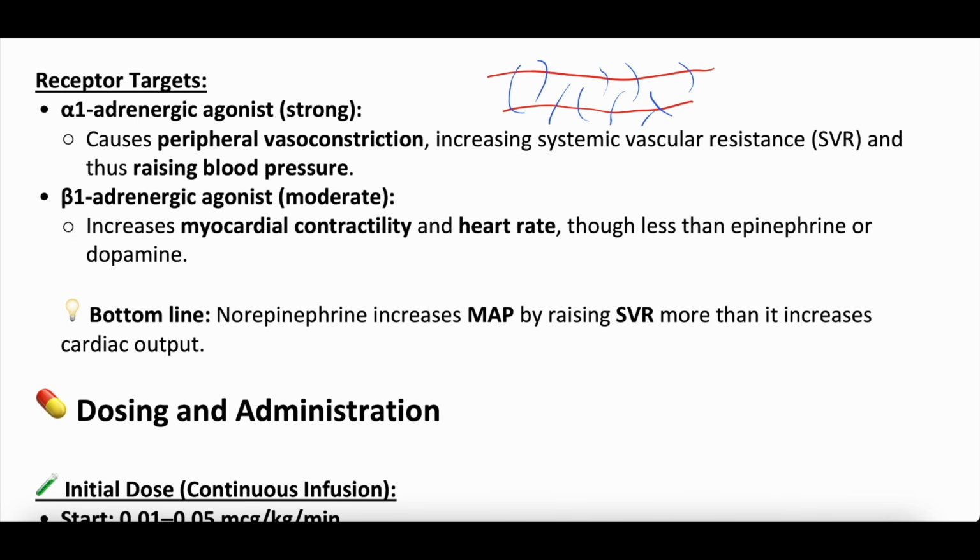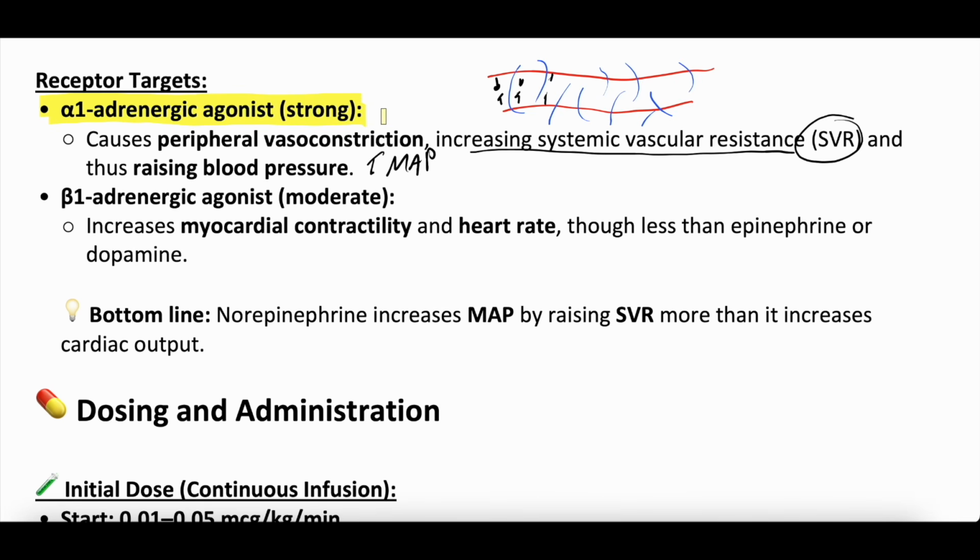The alpha-1 adrenergic receptor helps these blood vessels vasoconstrict, that helps them contract. And that will increase the systemic vascular resistance, or the SVR, and it'll raise the blood pressure. It'll increase the MAP, or the mean arterial pressure. So the main mechanism that norepinephrine uses to increase the blood pressure and treat shock is the alpha-1 adrenergic agonism.